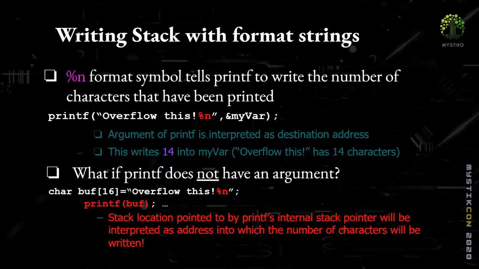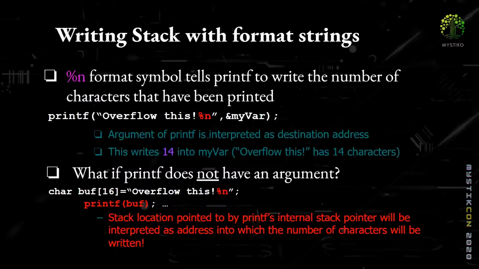So, writing to the stack with format strings. The %n format symbol tells printf to write the number of characters that have been printed. So printf("overflow this %n", &myvar). Basically, it will take the length of the string that has been printed until %n occurs.